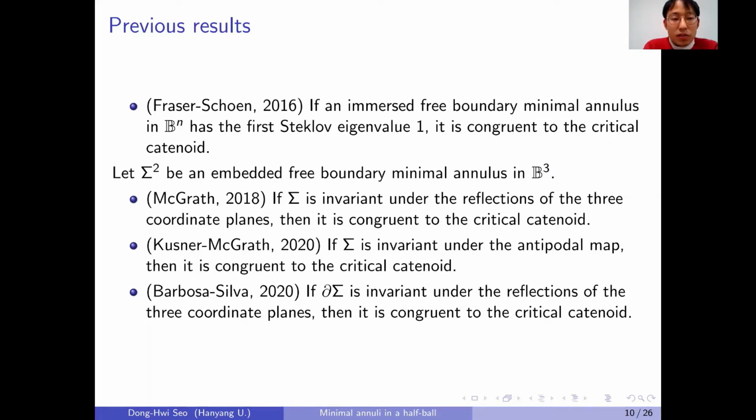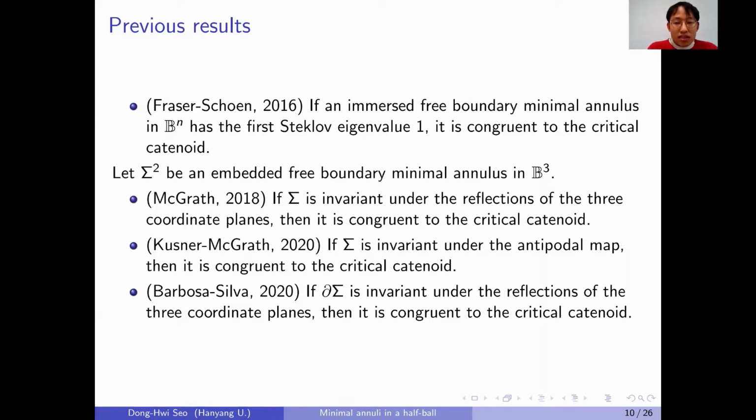McGrath showed that if an embedded free boundary minimal annulus in the three-dimensional Euclidean ball is invariant under the reflections of the three coordinate planes, then it should be congruent to the critical catenoid. And then Kusner and McGrath showed that if the surface has antipodal symmetry, then it should be congruent to the critical catenoid.